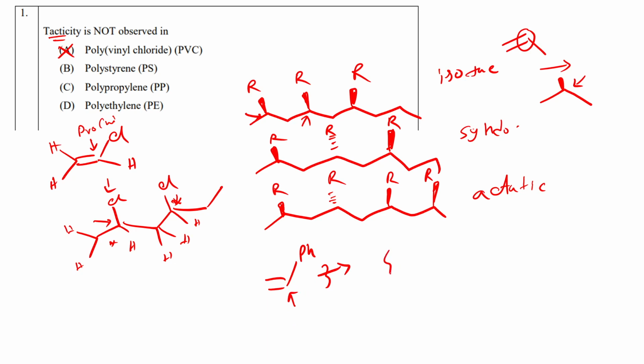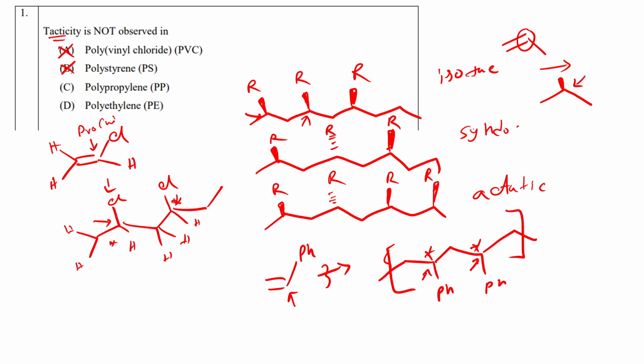After polymerization, you are going to see this kind of polymer formation. Now these two are again chiral centers. Due to the presence of these chiral centers, you would definitely see this kind of pattern, so B again should not be an option.